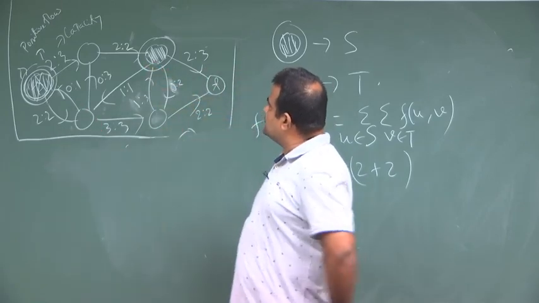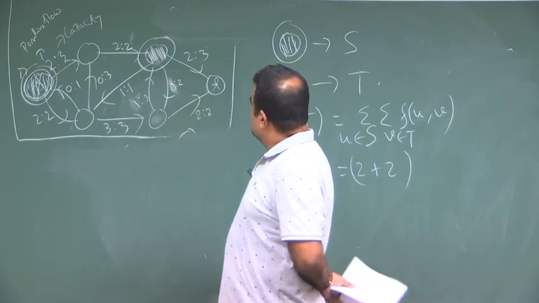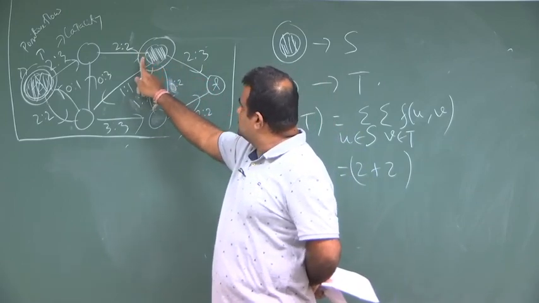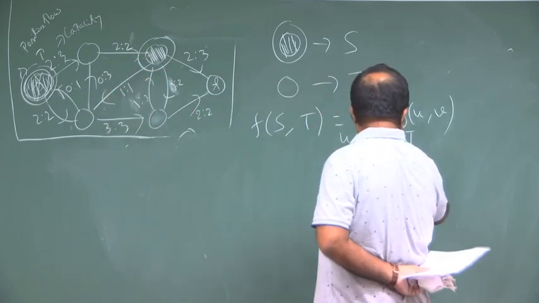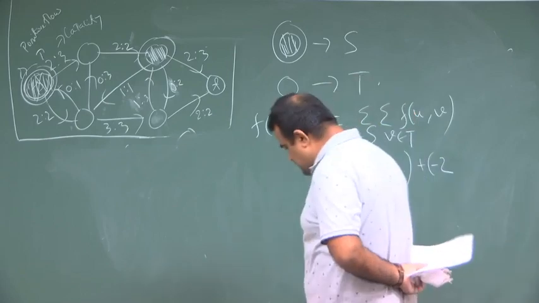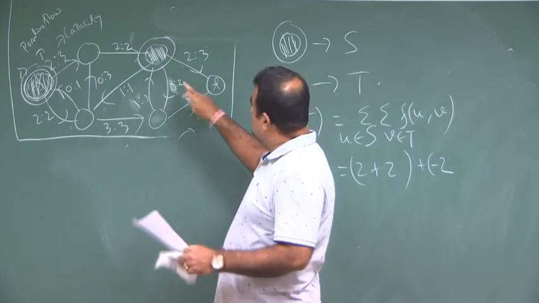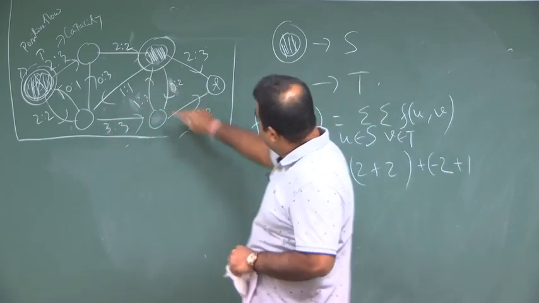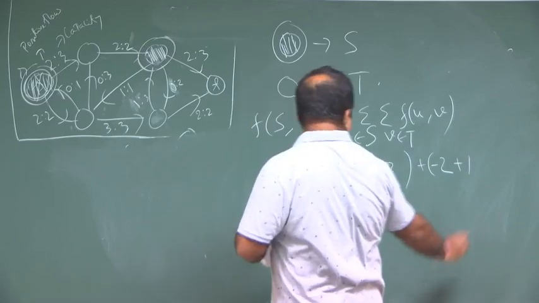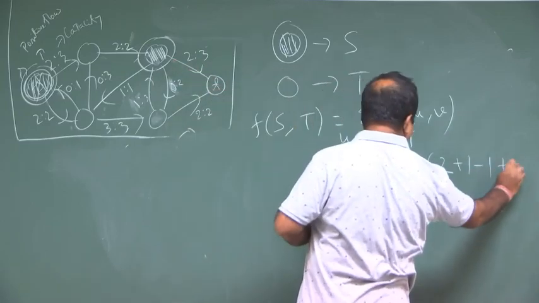Now, we take another vertex from capital S. For this vertex, the flow from this to this is -2, then the flow from this to this is +1, flow from this to this is -1, and then the flow from this to this is +2.